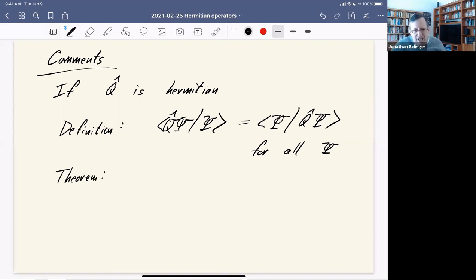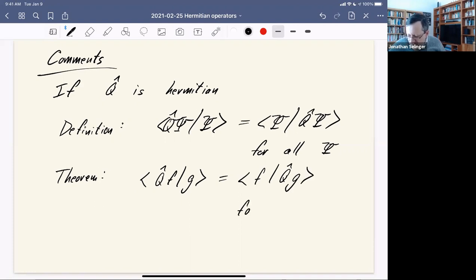That not only is that true, but also if you have any two functions, f and g, then the inner product of Qf with g is equal to the inner product of f with Qg for all f and g. Okay, so this theorem is a little bit stronger than the original definition.